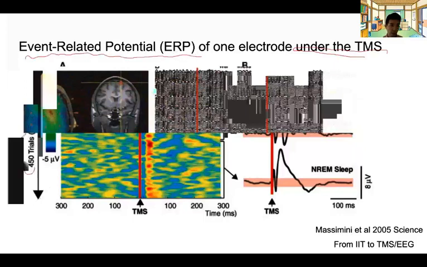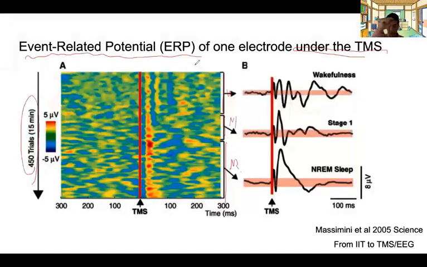The y-axis is the 450 trials that transition from wakefulness to stage 1 sleep, and then this is N2 sleep. Each trial is noisy, but it's averaged over 5 or 10 trials along this vertical direction. Then you start to see some kind of evoked pattern within this wake period, and that is clearly seen in this voltage plot, not the color plot here.